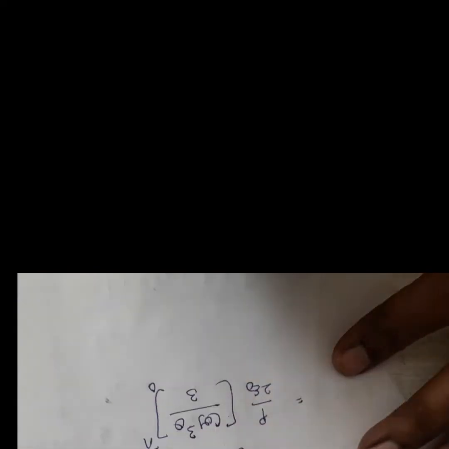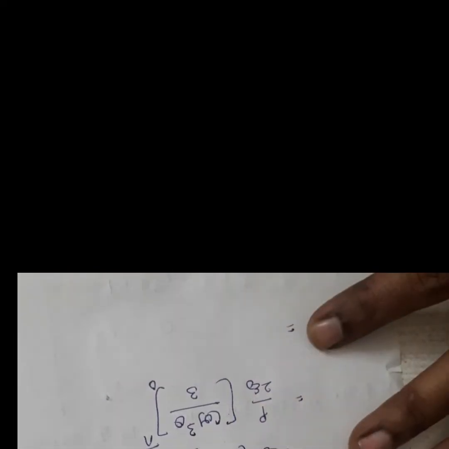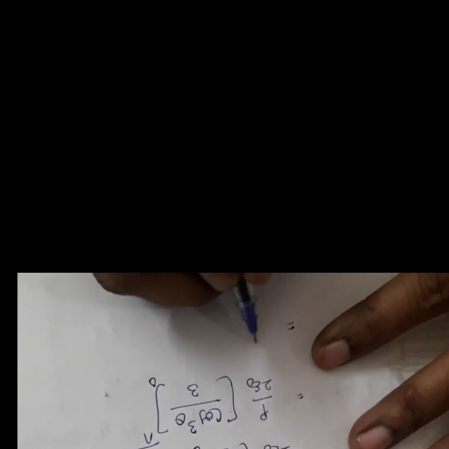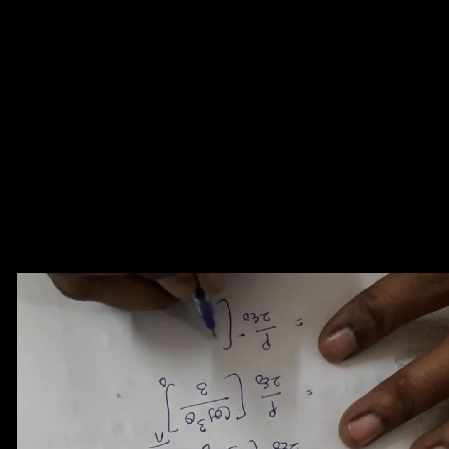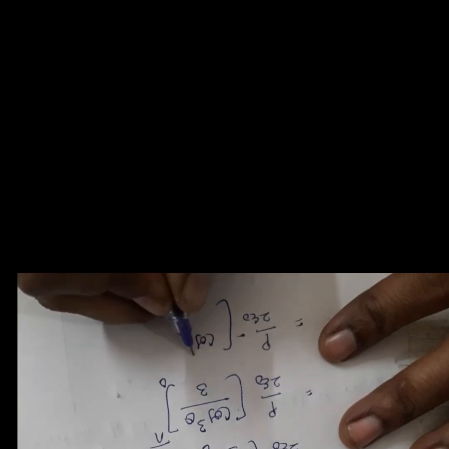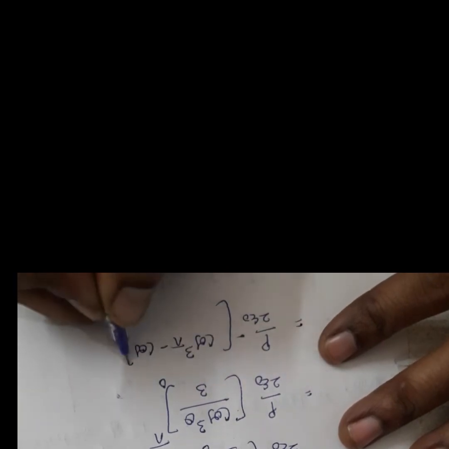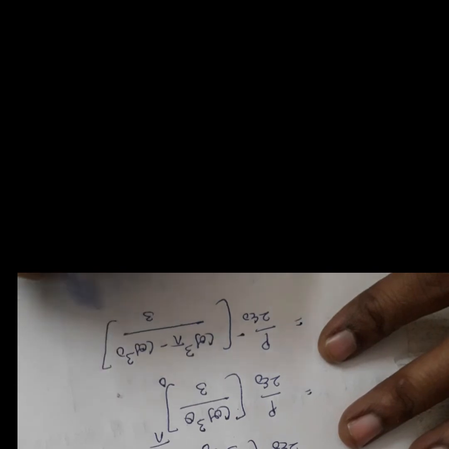If we apply the limit, we can't apply the limit for the x value. So what is x? That will be cos θ. cos cube theta by 3 and limits that are 0 to pi. Now p by 2 epsilon naught, if we substitute the limits, then cos cube pi minus cos cube 0 by 3.